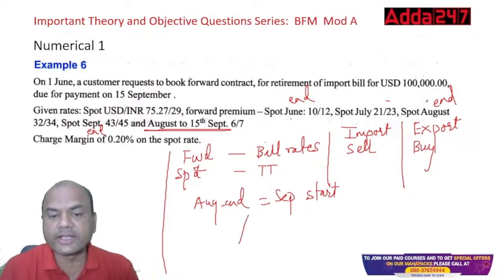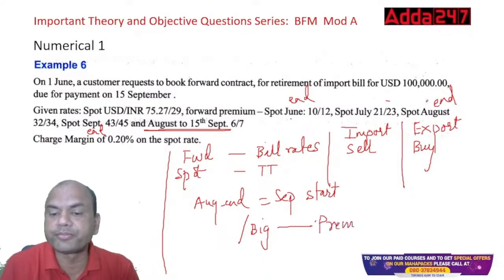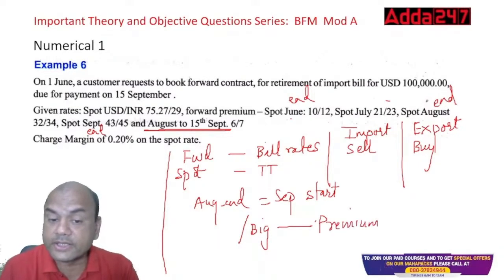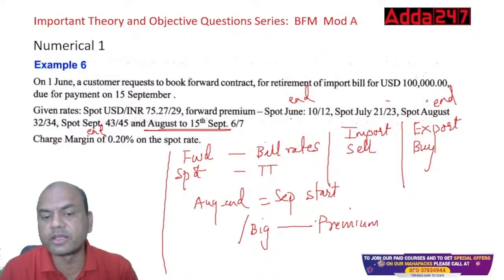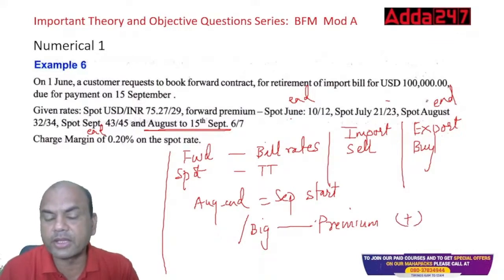Remember, when your right side is higher, right side is big, in forward transactions the currency is in premium. Always remember this. Vice versa is also true: when right side is small, it is in discount. And whenever we have premium, we'll have to add the forward points. Always add. So now it is in premium, I'll have to add it.